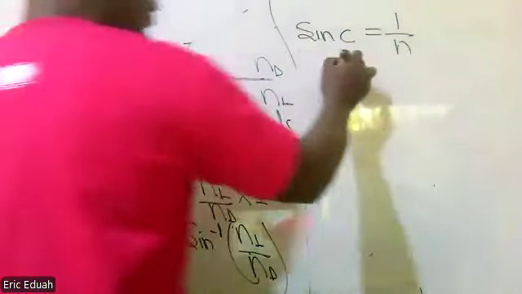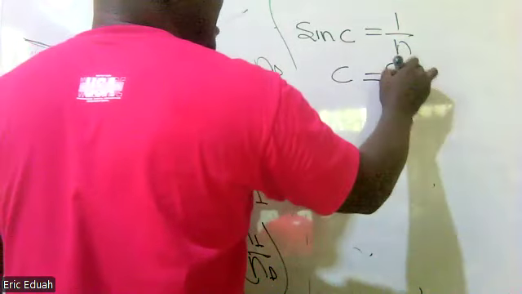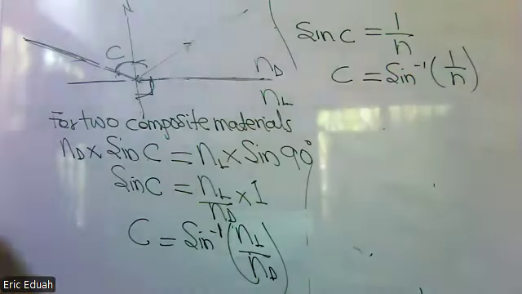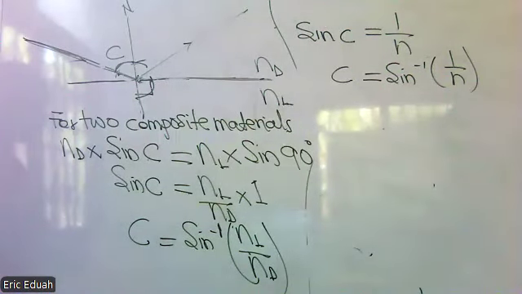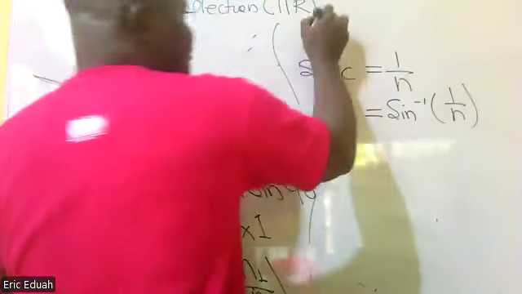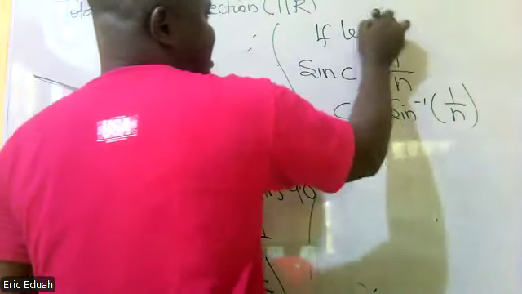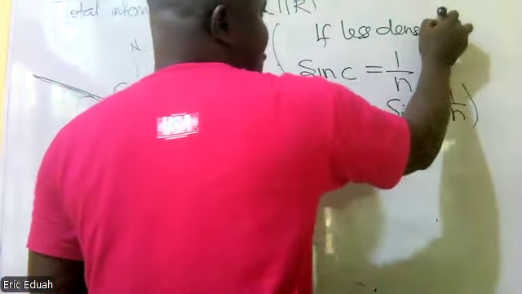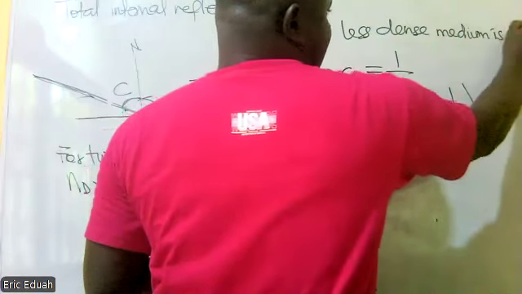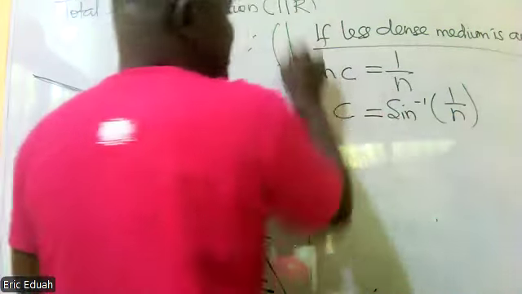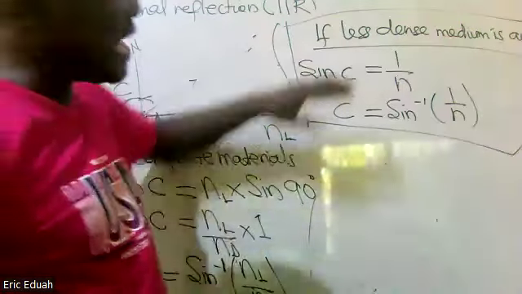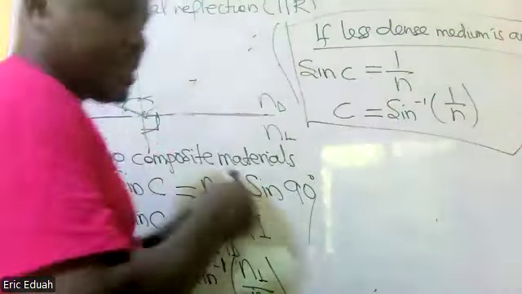Then C is equal to the sine inverse of 1 over the absolute refractive index of the dense medium, if the less dense medium is air. So we use these two equations when the less dense medium is air.